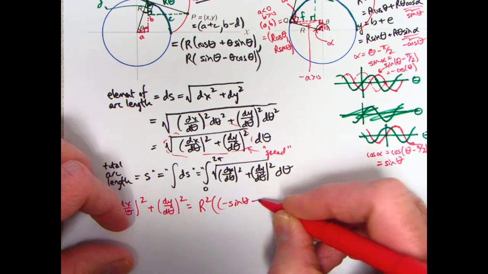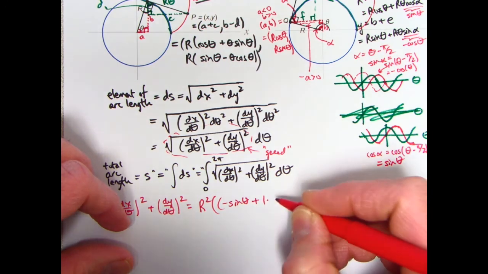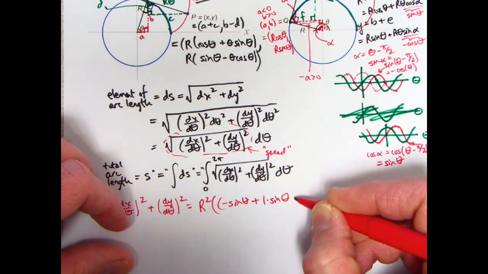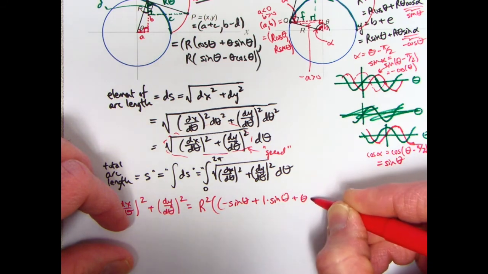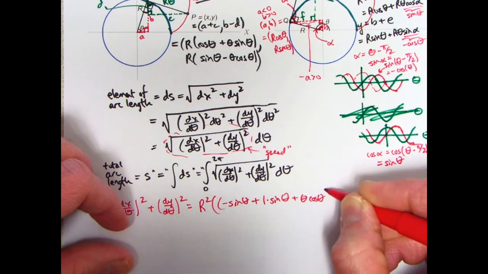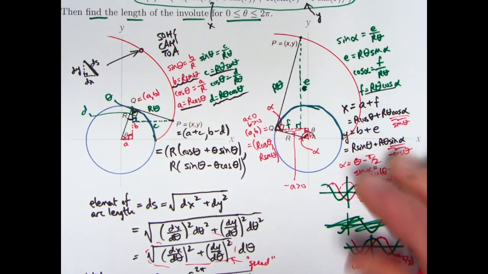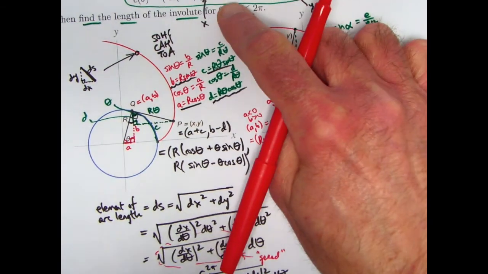I use the product rule. The derivative of theta is 1. That's the derivative of the first function times the second function, plus the first function times the derivative of the second. The derivative of sine theta is cos theta. And this all needs to get squared. So I just differentiated this thing up here in parentheses.